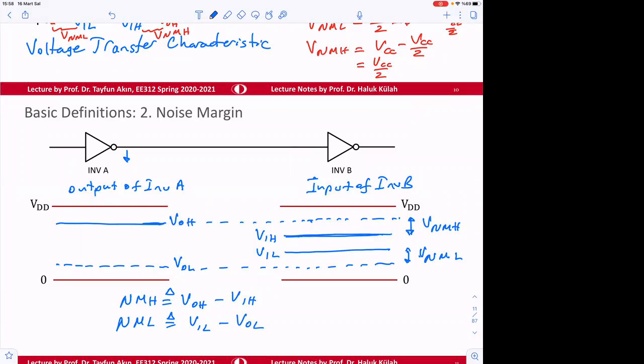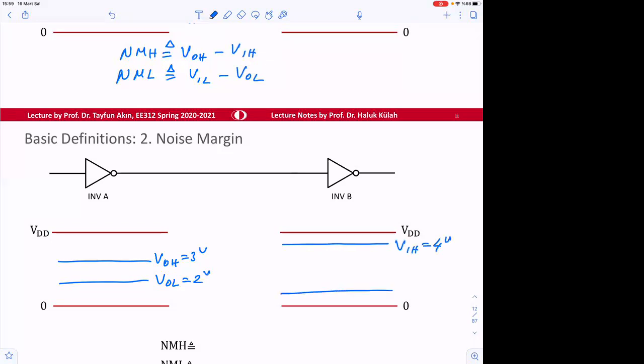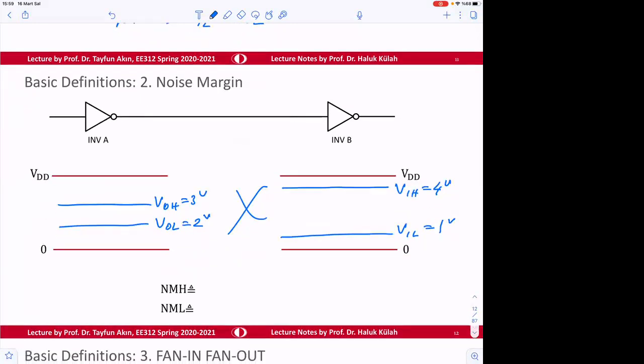So if this is the other way around, for example, let's say the output high is 3 volts, the output low is equal to 2 volts, and let's say the input high is 4 volts, and then input low is 1 volt, then this won't work. This will be really bad.